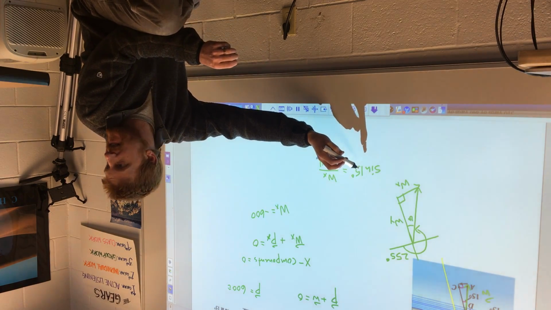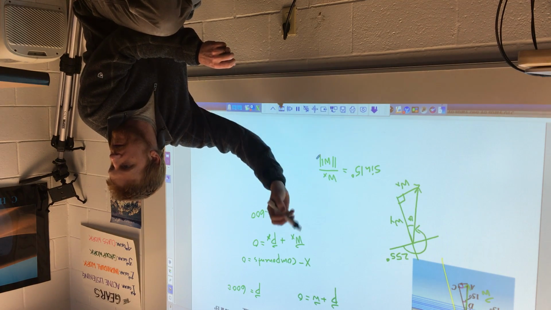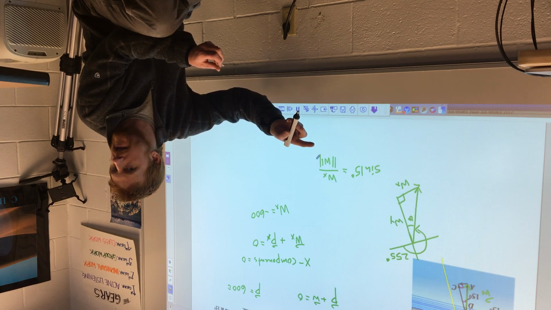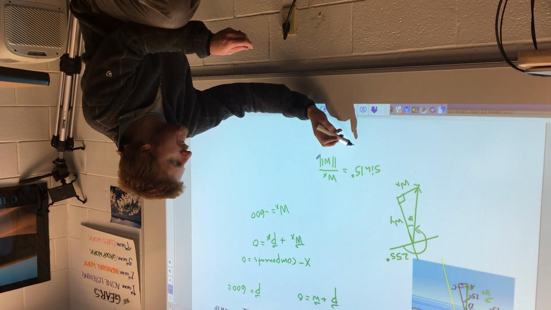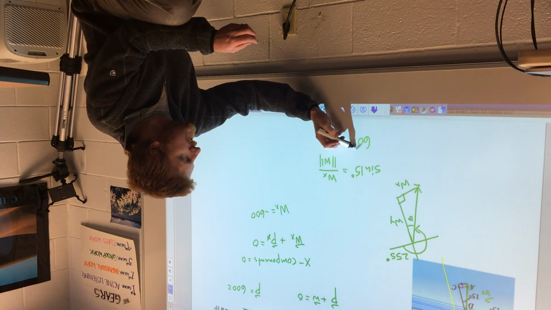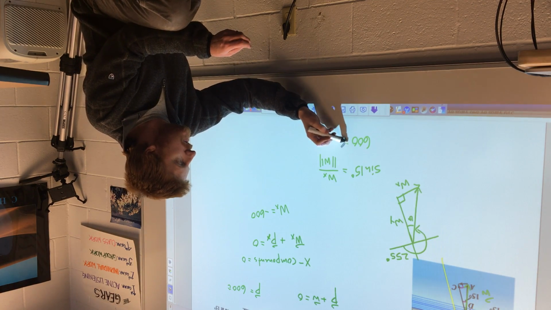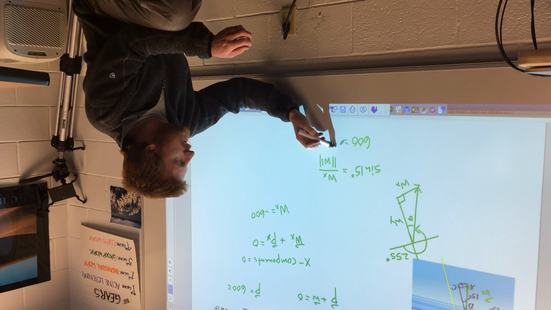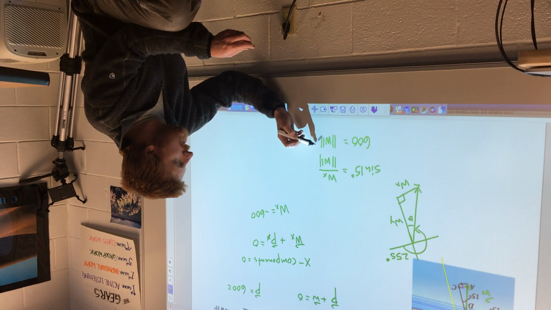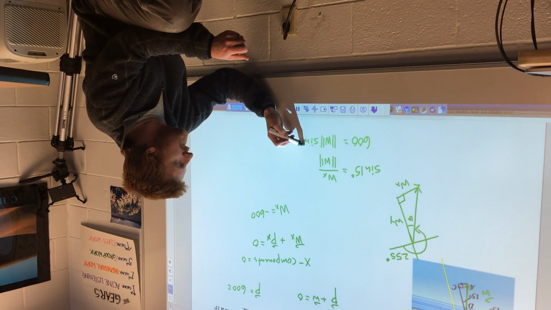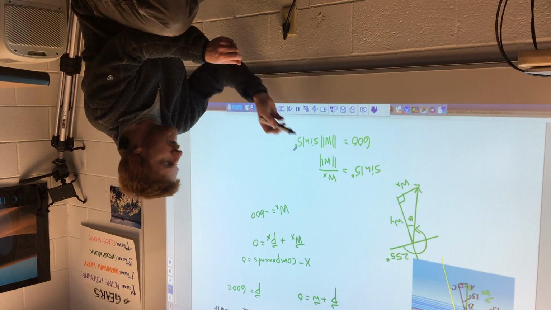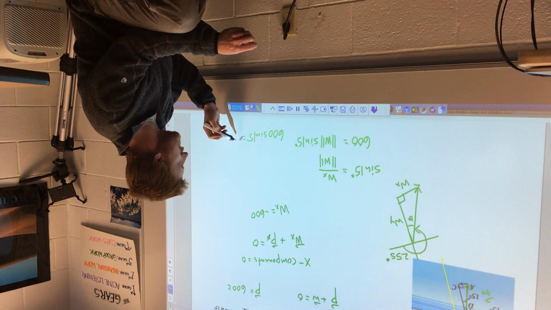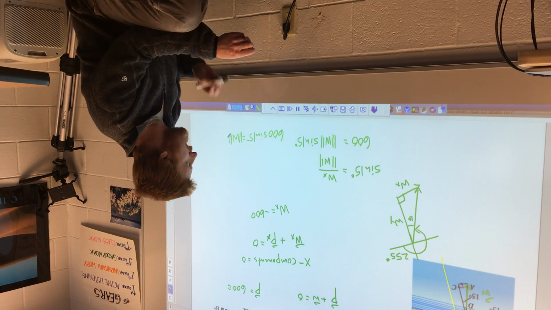Since we're just using this little triangle and not going with the big angle, I'm just going to call it positive 600 and we'll interpret it correctly at the end. So 600, which is the weight in the x direction, equals sine 15. Wait, Wx is negative 600, isn't it?